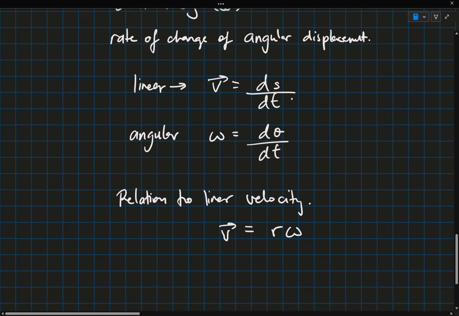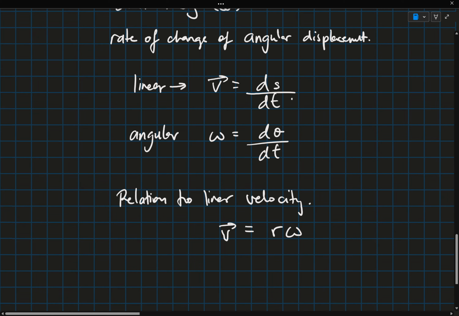If we have the circle that we were speaking about, we know that an object moves along the circular path at a specific tangential velocity, v.